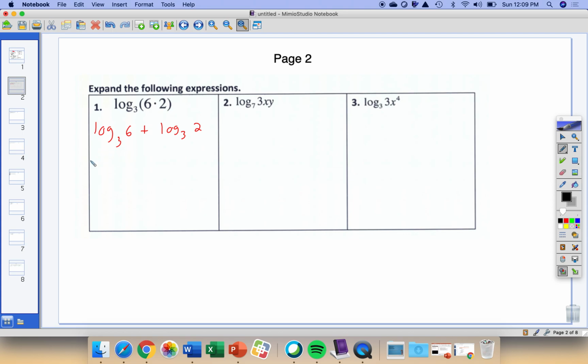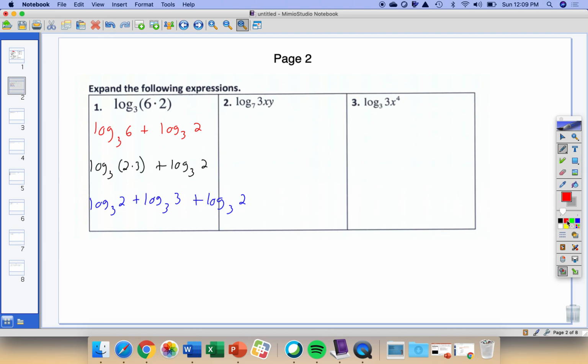So I'd have log base 3 of 2 times 3 plus log base 3 of 2. And now I can expand this part right here, which becomes log base 3 of 2 plus log base 3 of 3 plus log base 3 of 2.